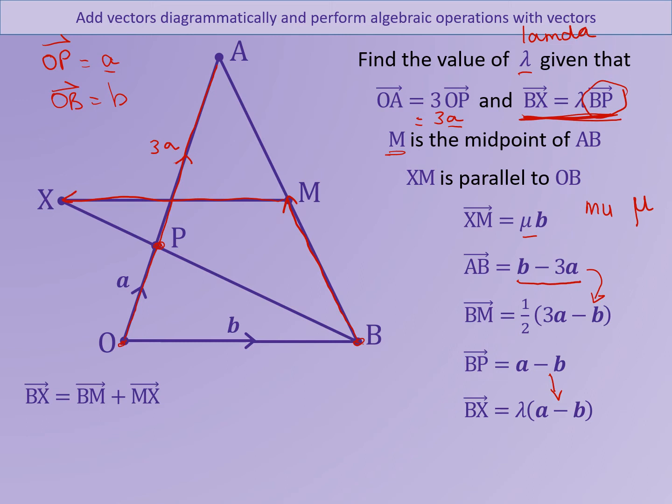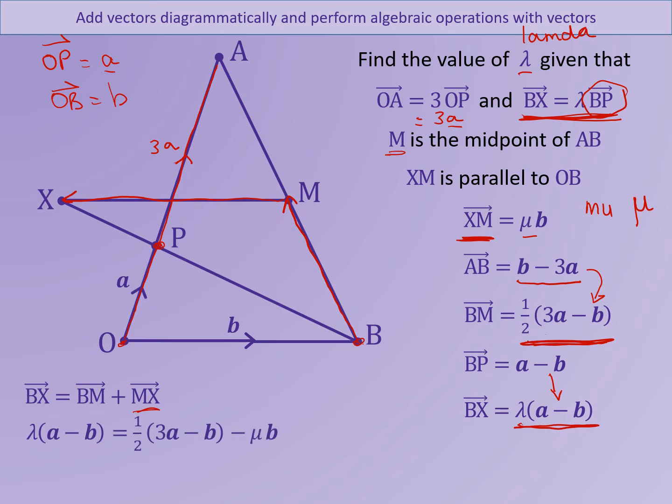So this will tell us what BX is equal to. Now we know what BX is equal to already, so we can start to substitute in the things that we know. We know what BM is equal to. We found that earlier as well. And MX is given up here, or XM is at least, and then we just need the negative of that if we're looking for MX.